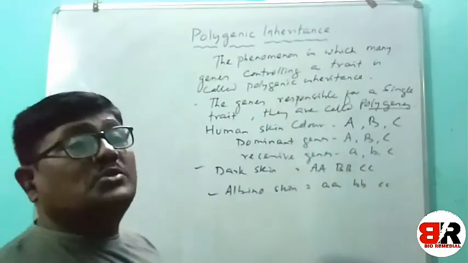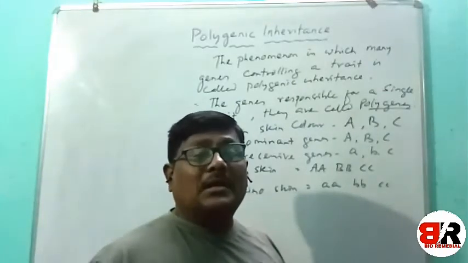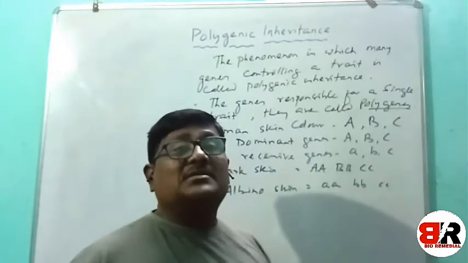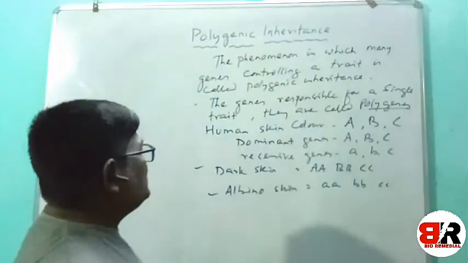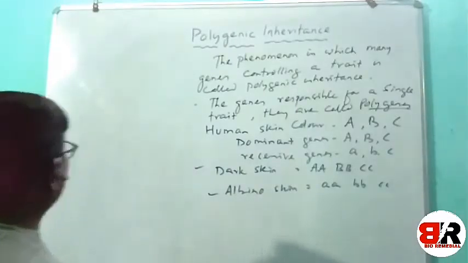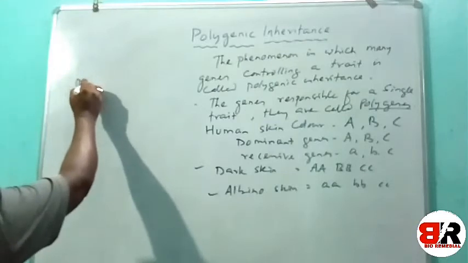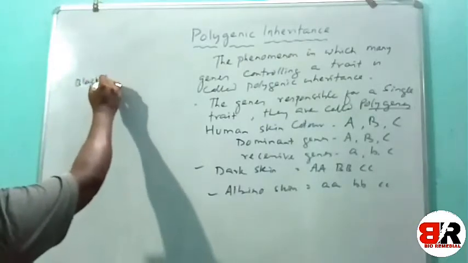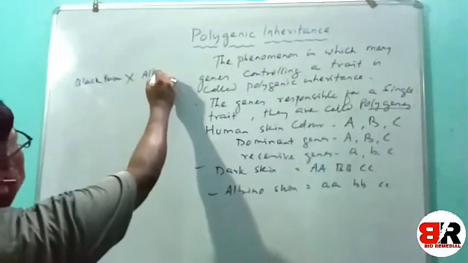When a person having dark skin and a person having albino skin are crossed, a Negro person, that is a black person, since dark skin is commonly called black, I am just crossing a black person with an albino person.